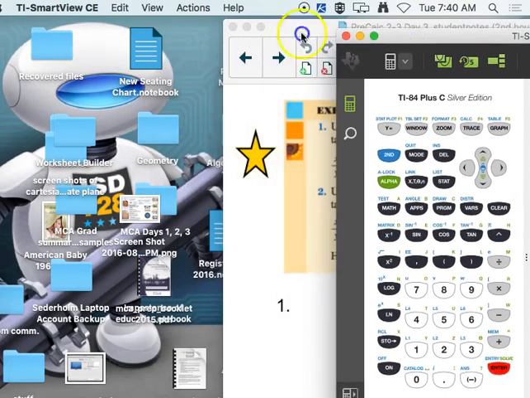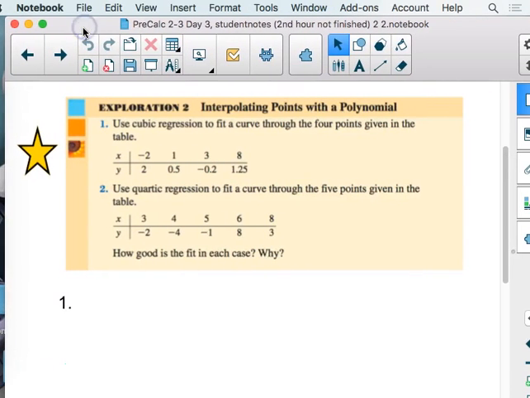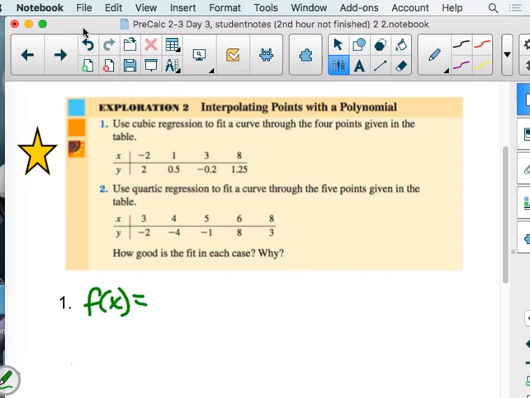So now we need to write down all those obnoxious decimals that we saw. For number 1, let's see. Glasses are there. Use cubic regression to fit a curve. It doesn't say it has to be a polynomial function, but we're always safe if we use f of x, g of x, something along those lines. And it was 0.006x cubed.